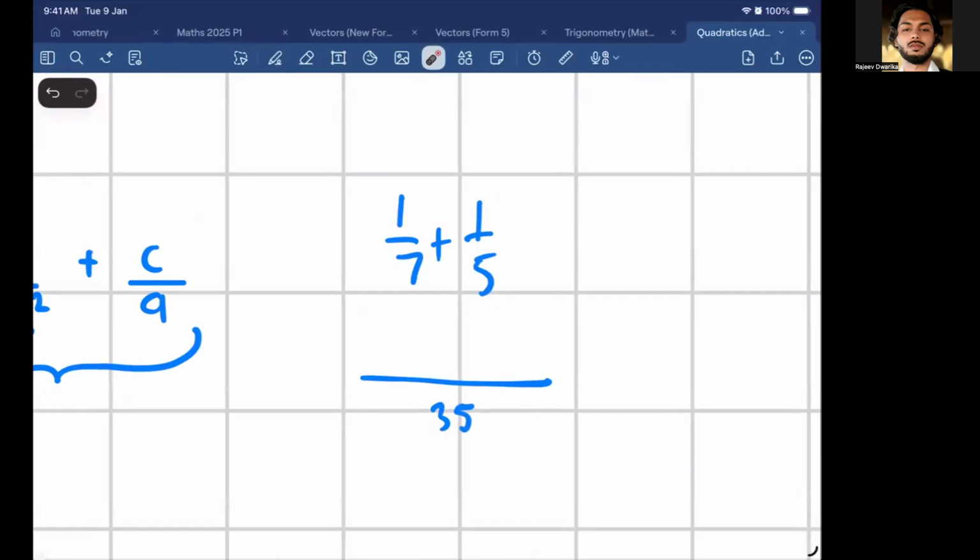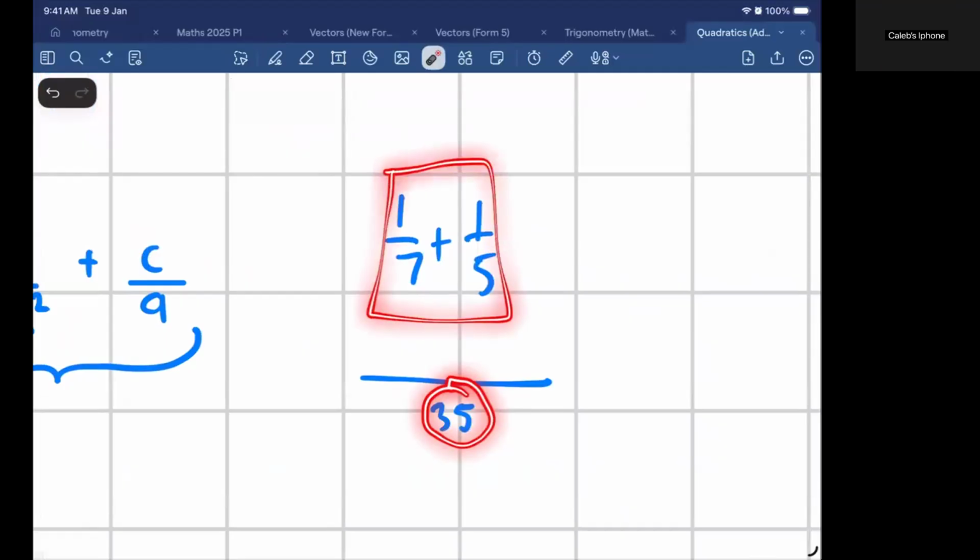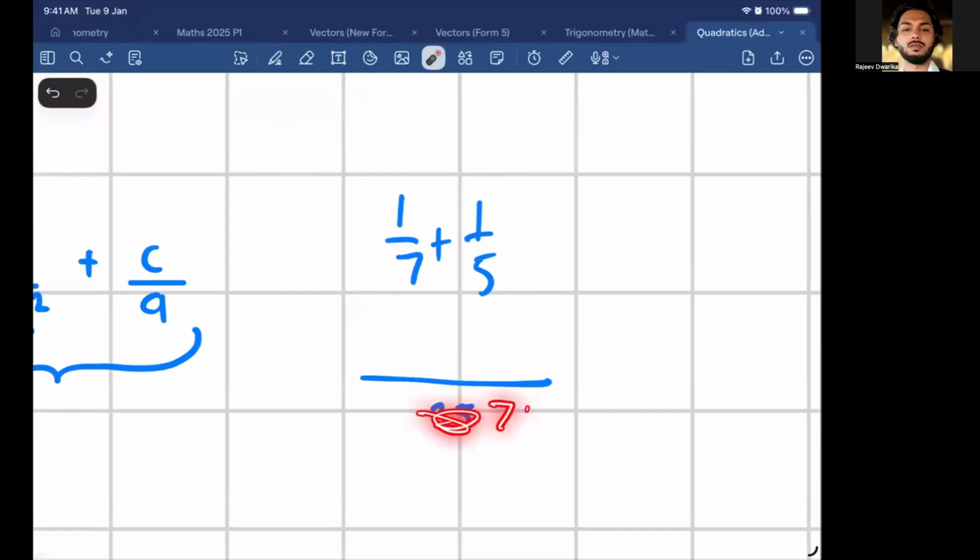Yes, sir. Zachary, do you understand why we selected 35? Yes, sir. Caleb, what about you? Do you understand why 35 was the LCM for this particular question? Yes, sir.